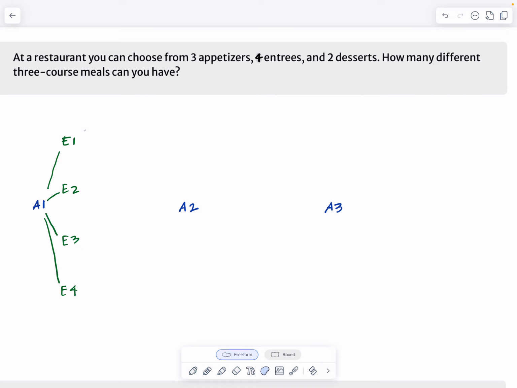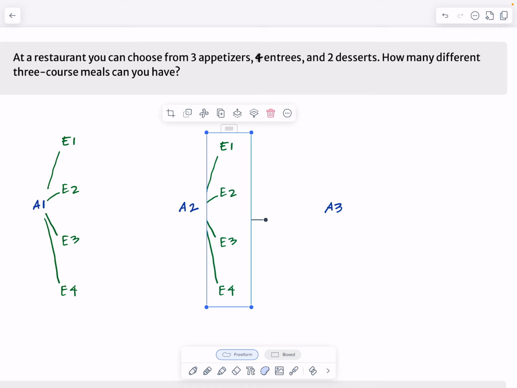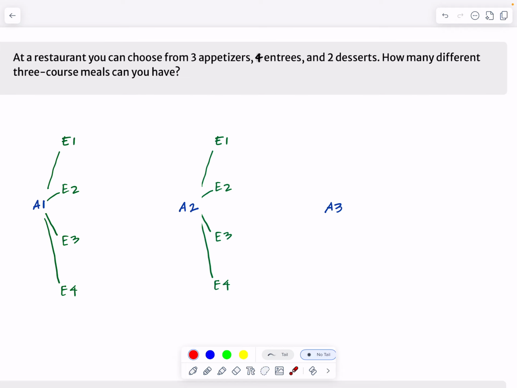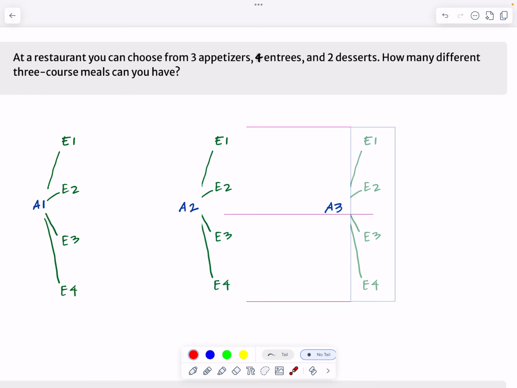But that's also true if I pick appetizer number two, right? So if I decide instead of getting appetizer number one to get appetizer number two, I could choose entree number one, entree number two, entree number three, entree number four. And it's also true if I choose appetizer number three. I have the same choice of any four of those entrees.